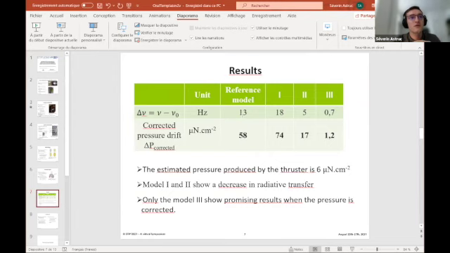It's very high, because we estimated the pressure produced by the thruster is 6 micronewton per square centimeter. The use of a gold layer all over the surface, in model 3, allows us to decrease this value to 1 micronewton per square centimeter. It's a good value, and it allows the measurement of the pressure of the thruster.